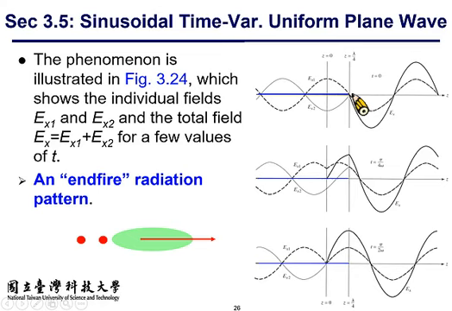The thin solid line, 细实线, is the result of the second source. And the blue line, the thick solid line, is the result of the addition of the two fields.